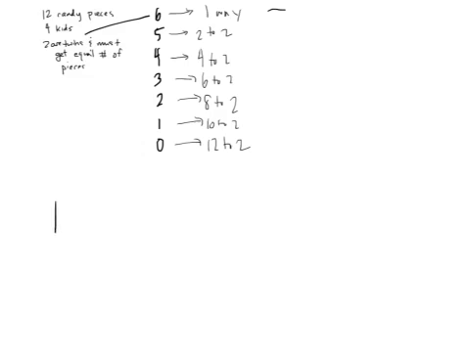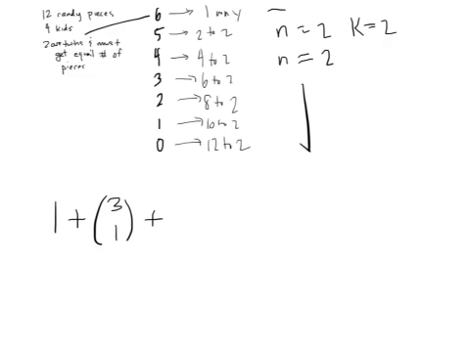So, essentially, let's go one by one. We're adding 1 plus 3 choose 1, because here N is 2 and K is 2. That's 4, so far it's 4. And for the second one, N is going to be 2 for all these, no matter what.